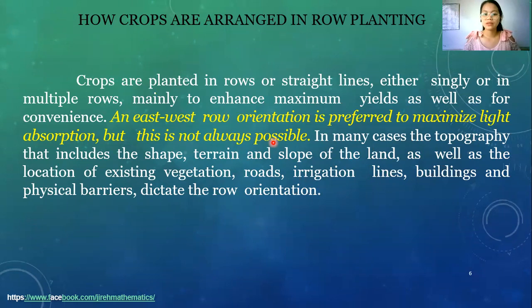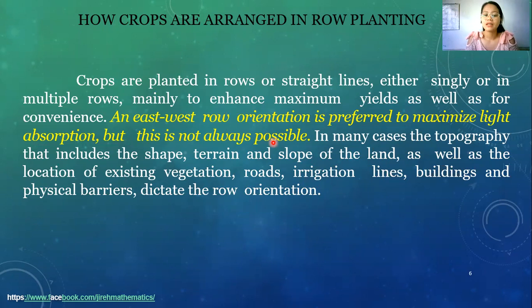An east-west row orientation is preferred to maximize light absorption, but this is not always possible because it depends on your land area and position. In many cases, the topography, which includes the shape, terrain, and slope of the land, as well as the location of existing vegetation, roads, irrigation lines, buildings, and physical barriers, dictates the row orientation.